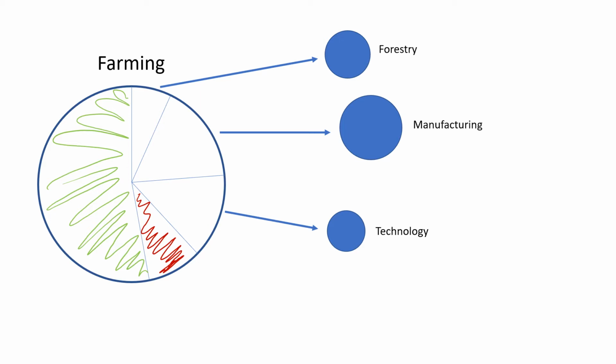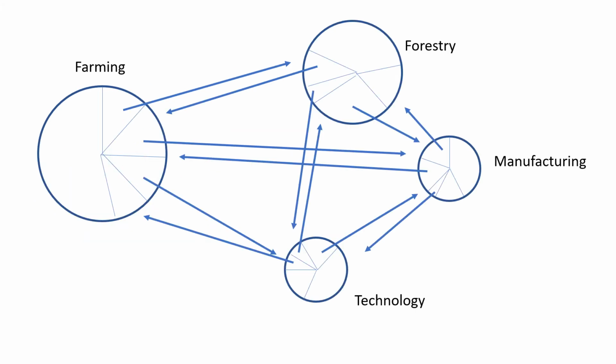So now this gets a little bit complicated when you look at every one of these industries. So you have the farming industry, which we already saw. They use some internally, and they have some for their export. But now forestry has the same thing. They have to produce some for all the other industries.